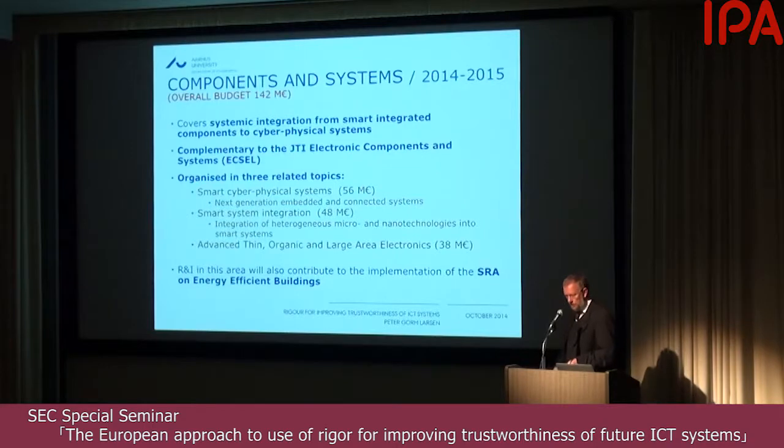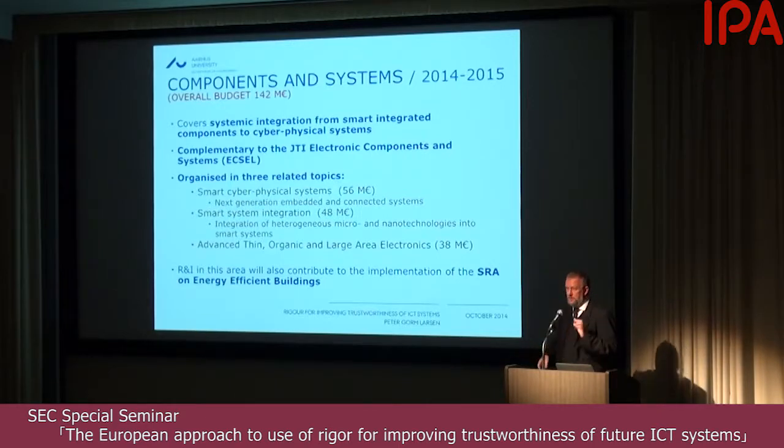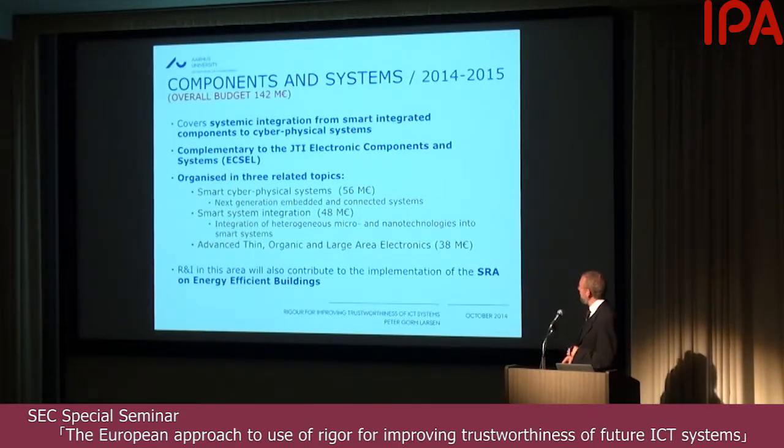So if we take components and systems as an example, there's an overall budget of 142 million euros. It's going to cover different kinds of cyber-physical systems and system integration things, also the electronic components at a more nano-level scale, but they're being grouped into related topics such as these.